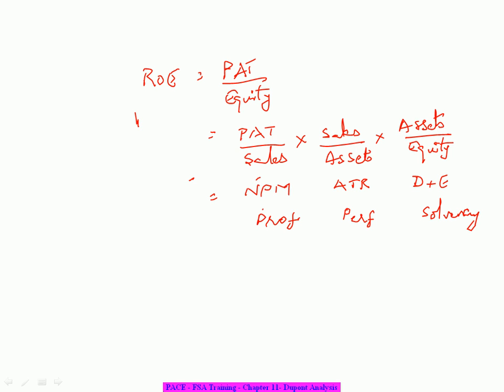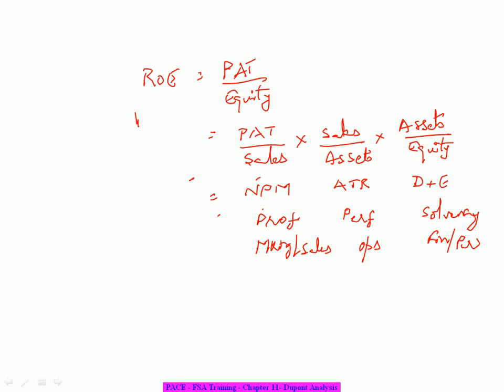So three key ratios come into the picture to determine your ROE. Department-wise, this is mostly the marketing or sales department, this is operations, and this is finance and purchase.